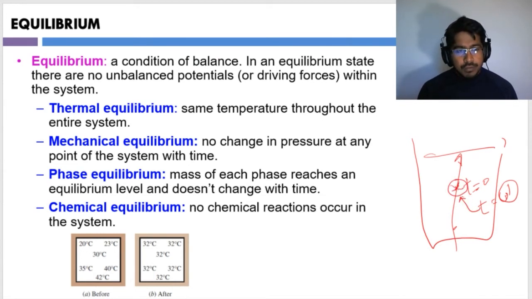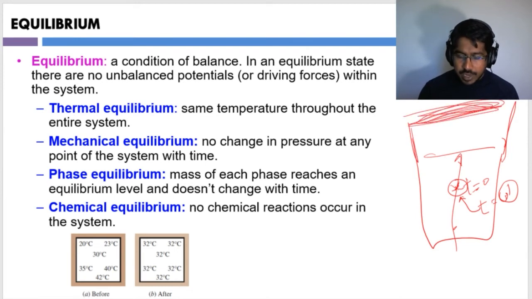Okay. Phase equilibrium. The mass of each phase reaches an equilibrium level and doesn't change with time. If you think of the coffee cup example, now we have the lid on this coffee cup, right?